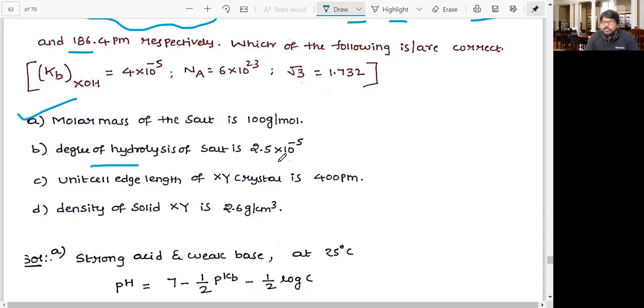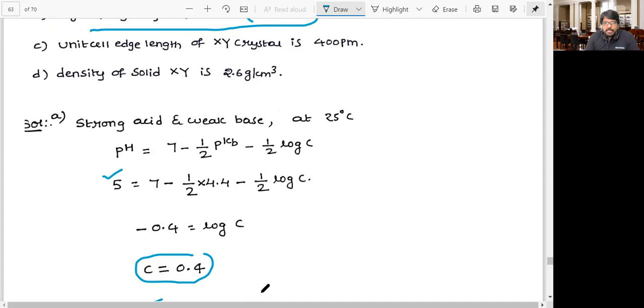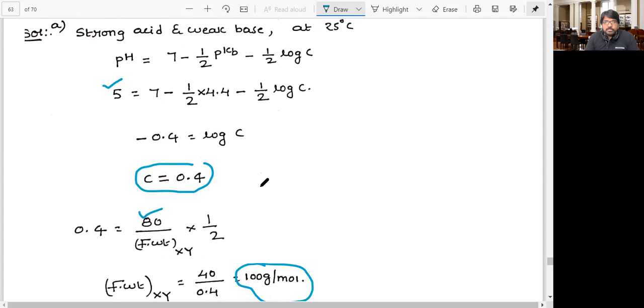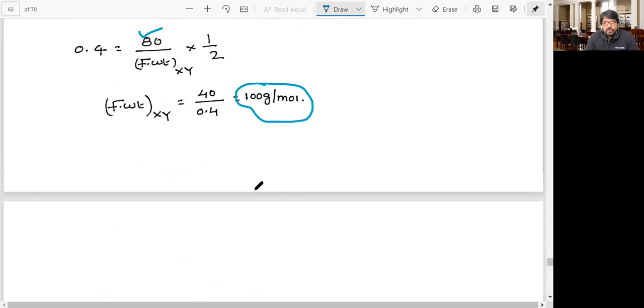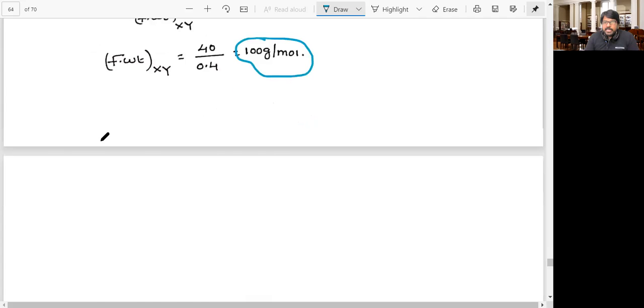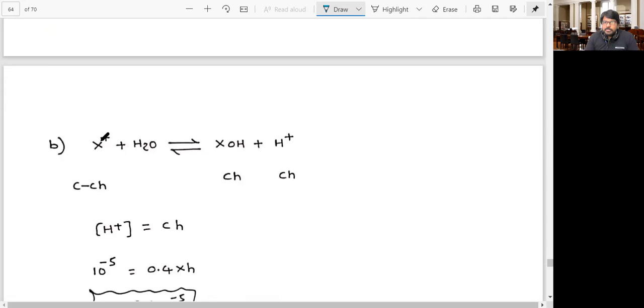Degree of hydrolysis of the salt. Already told you which hydrolysis? Cationic hydrolysis. Do you know how to write the reaction? So this is the cation. It undergoes hydrolysis and gives XOH and H plus. What is its concentration? C. How much part undergoes hydrolysis? Ch, so remaining is C minus Ch. This is Ch, and this is Ch. So the H plus ion concentration is equal to Ch.